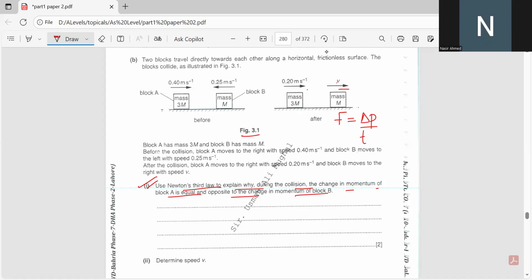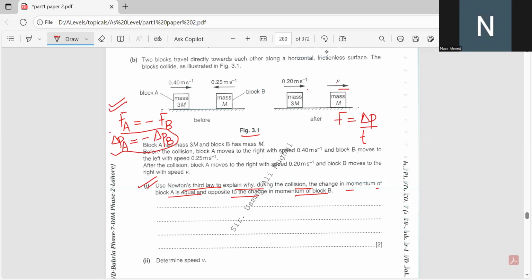And we also studied that the force exerted by block A is equal and opposite to the force exerted by block B. So force and change in momentum are proportional to one another, and we can say that the change in momentum of A is equal and opposite to the change in momentum of B.